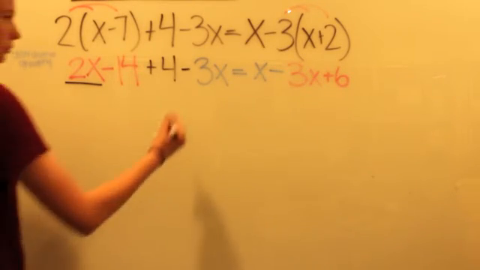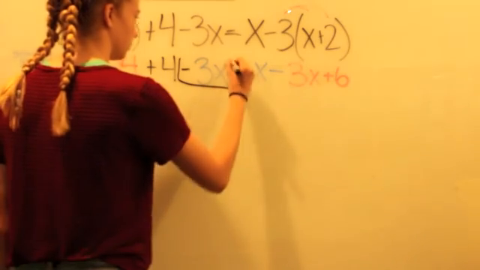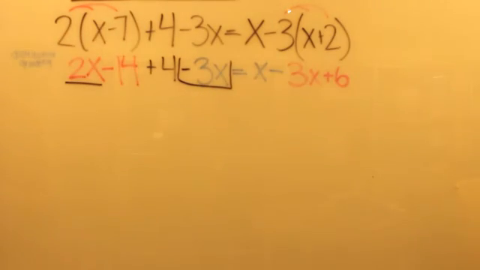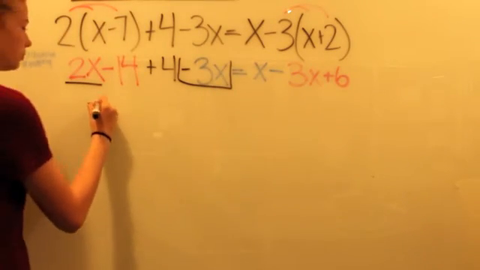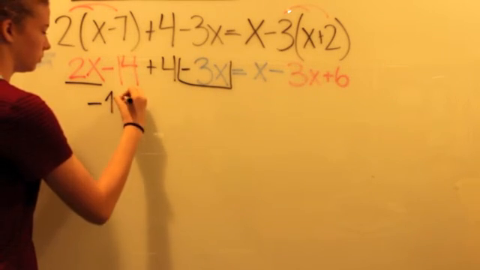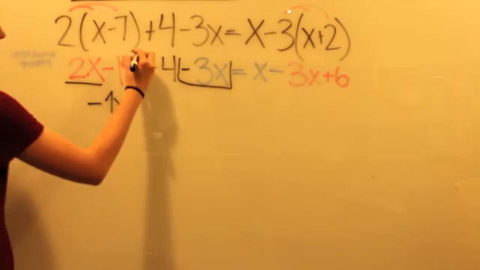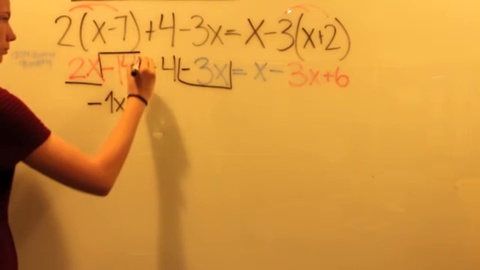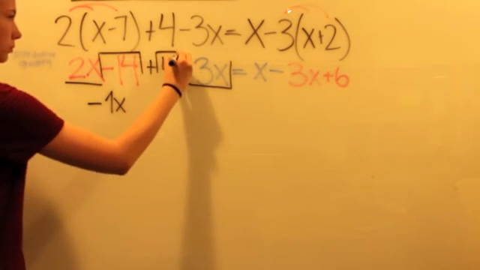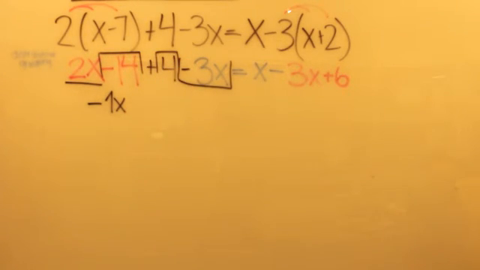Now we're going to combine like terms on one side of the equation. This means we can take 2x and negative 3x and combine them, which will give us negative 1x. Then we're going to combine just our regular integers, which means we're going to take negative 14 and positive 4.